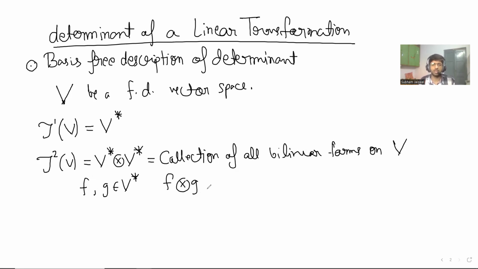I need to say how I'm interpreting this, because this is not a function or anything. It's just an element in this abstract space. But how I'm interpreting it as a bilinear form, I need to say, which is of course the only choice you have. If you're going to interpret it as a bilinear form, then obviously you need to do this. You agree this is a very natural definition, right? But it's the definition.